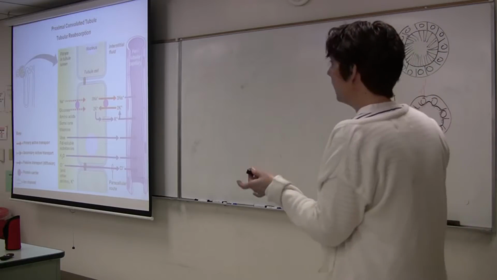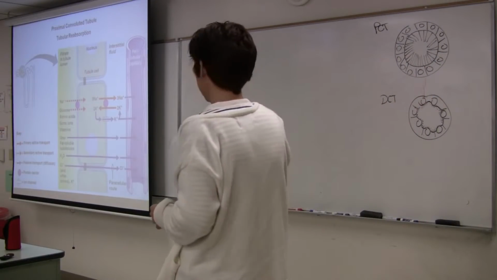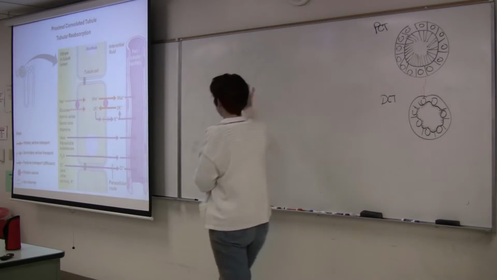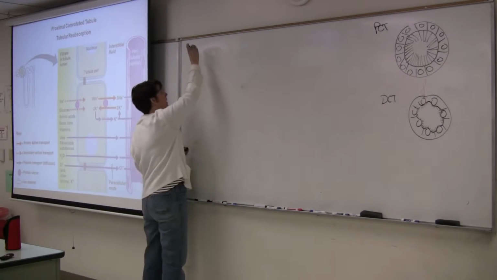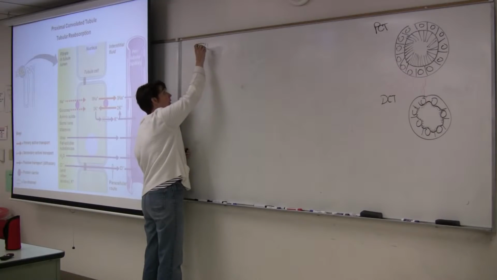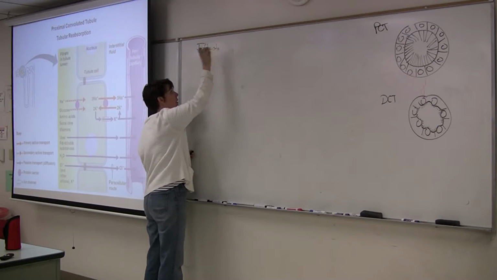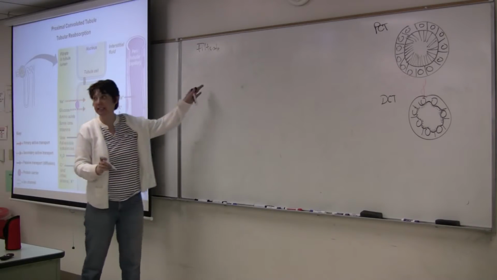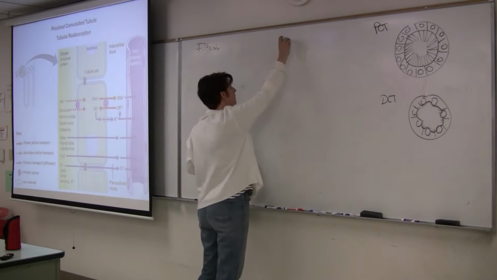Now, we're going to take a couple of these simple cuboidal cells from the proximal convoluted tubule. And this side is going to be the lumen. So this is where we have the filtrate. And that's the side that the microvilli face.